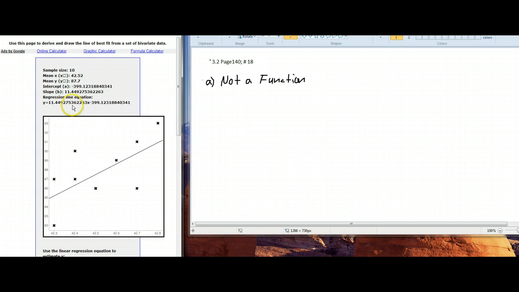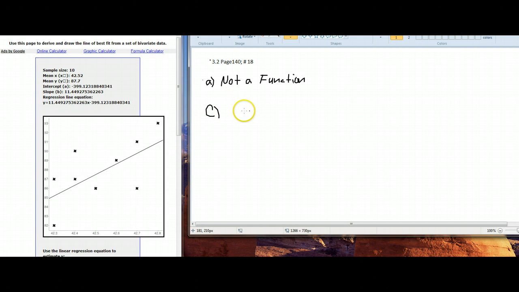Our equation would be y equals, and let's round this to 3 decimal places. So let's take part C here, because part B is the scatter plot.